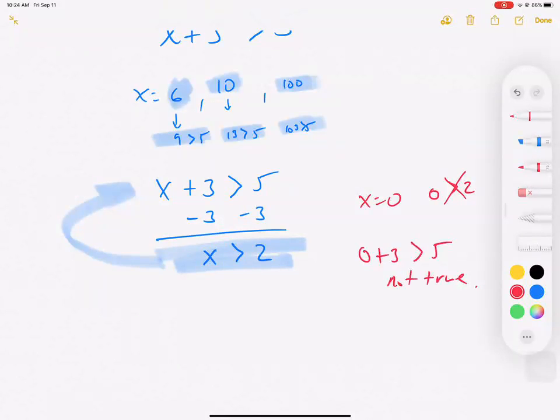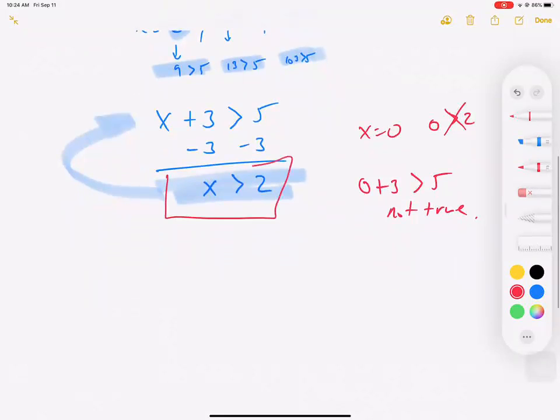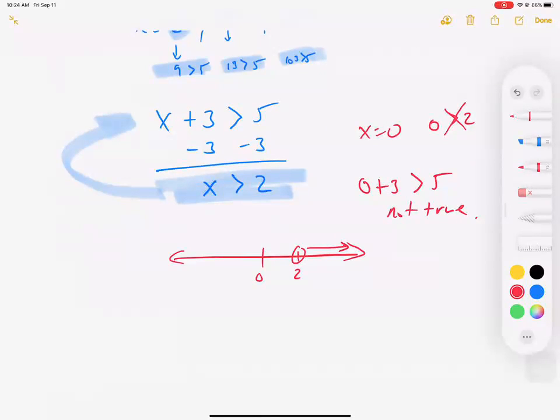One reason we want to solve for x is that, instead of wildly guessing values, we know definitively that only numbers greater than 2 give us true statements. So 3 would work, 4 would work, 5 would work. Try 3: 3 plus 3 is 6, bigger than 5. 4 plus 3 is 7, bigger than 5. 8, all the possibilities above 2 work.